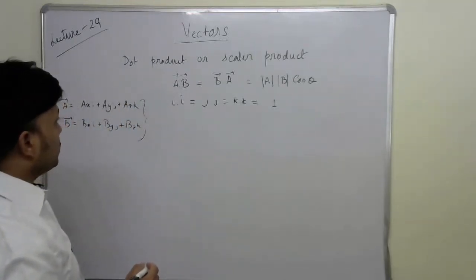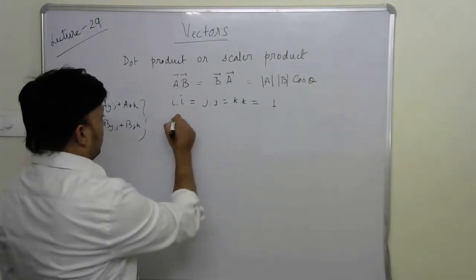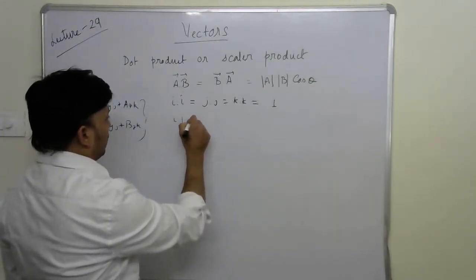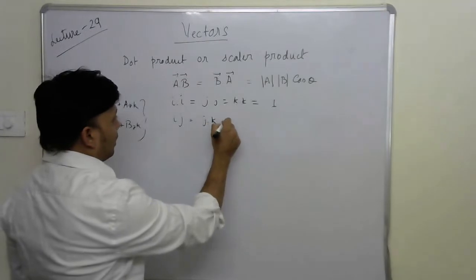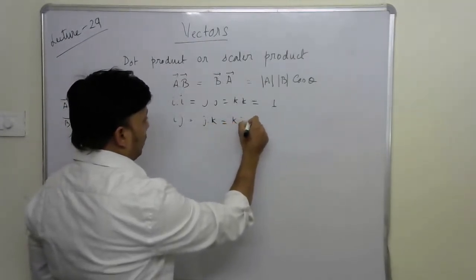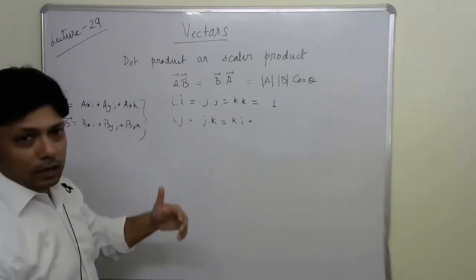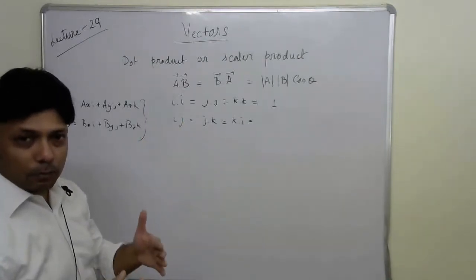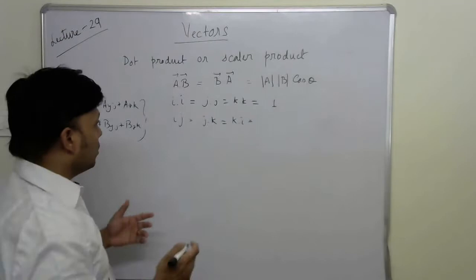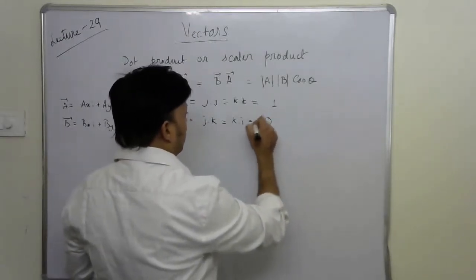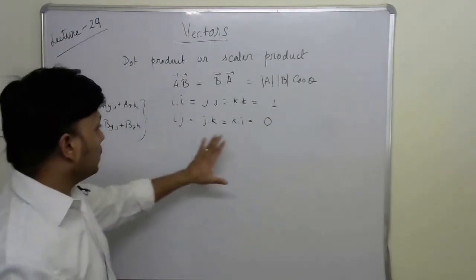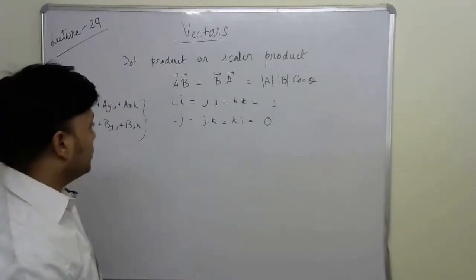So then i dot j is equal to j dot k is equal to k dot i. Whatever, the angle between those two, theta, is equal to 90 degrees, pi by 2. So cos 90 degrees is 0. That means the dot product between two mutually perpendicular directions is basically 0.